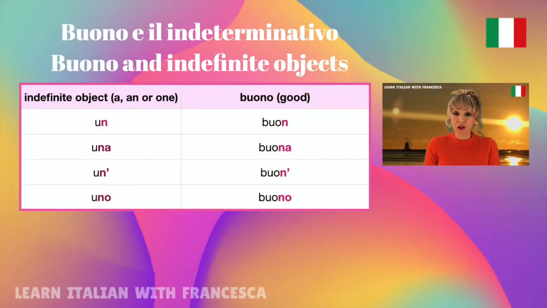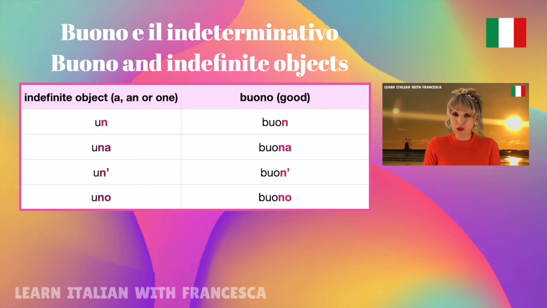If the correct indefinite article for the noun you're using is, for example, una lezione, then the adjective buono will look like that. Buona, una, buona. Let's look at this table. The first column shows the indefinite article.